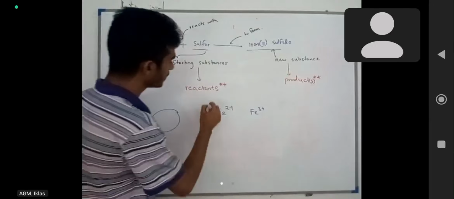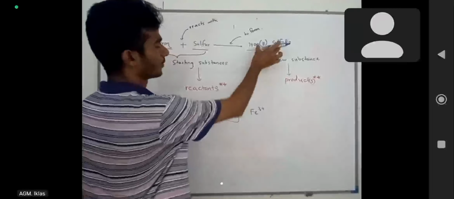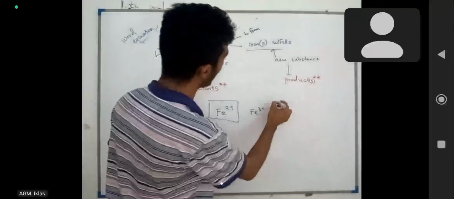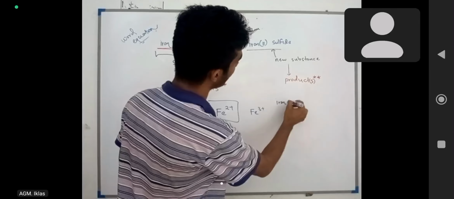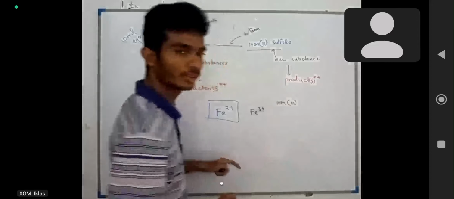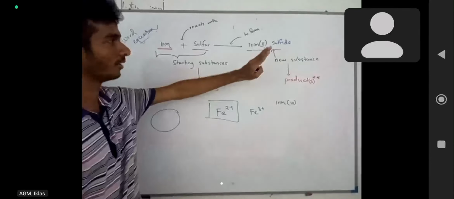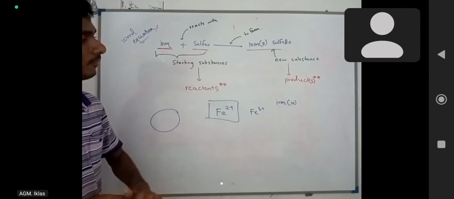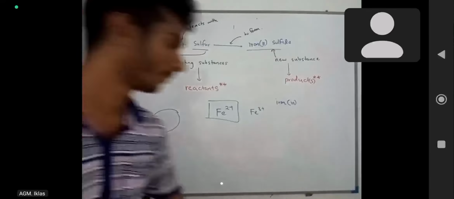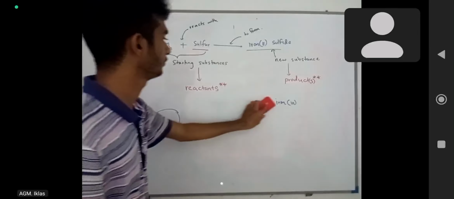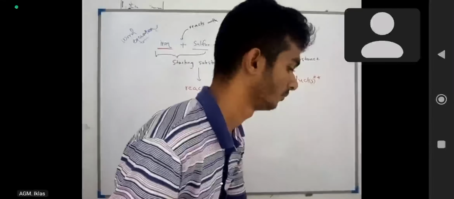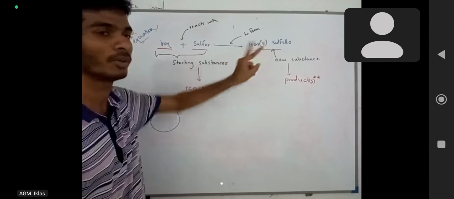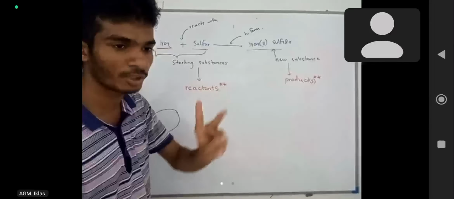Here Fe2+ is used, so that's why we have put 2. If it is 3, we will put iron 3 likewise. You just remember it. We will learn later. The oxidation number of iron in this compound is 2, that's why we have put Roman 2.